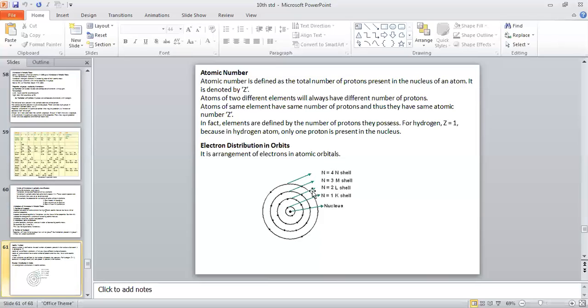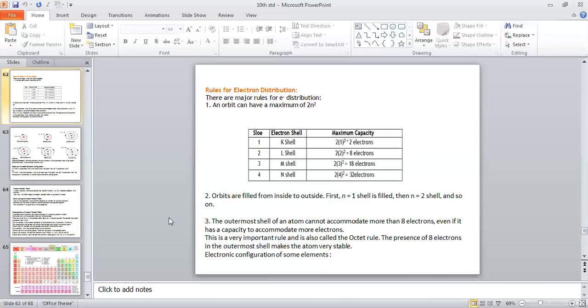Then the third orbit, where n equal to 3, is called the M shell. And the fourth orbit, where n equal to 4, is called the N shell. So this is the structure of an atom and the orbits around this nucleus are denoted by K, L, M, N shells.